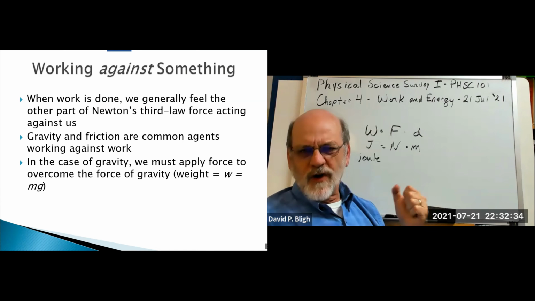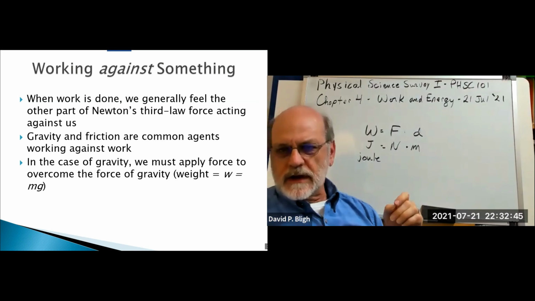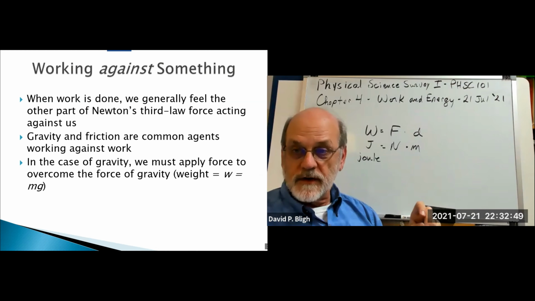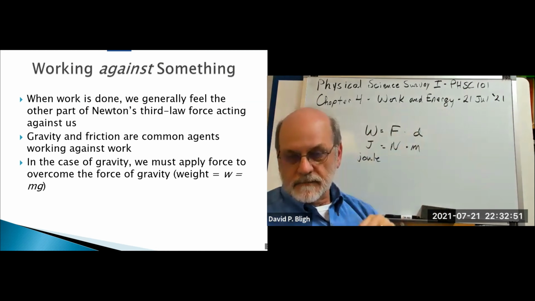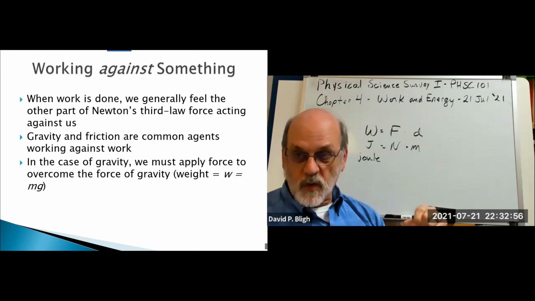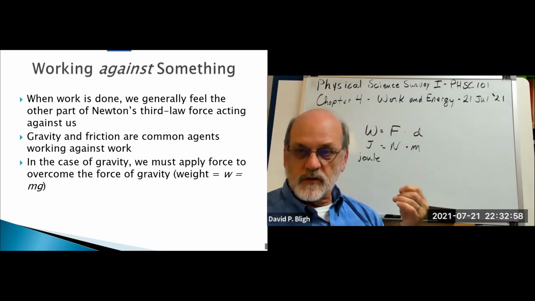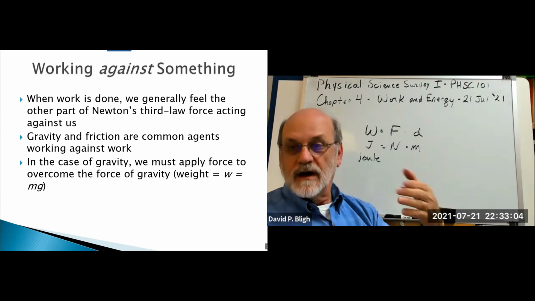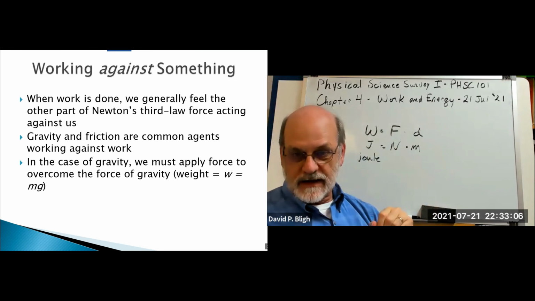Now, when we talk about gravity, very often what we're doing is resisting the force of gravity that's pulling us to the earth to lift an object. So in that case, we know how much force is required to lift an object because we can calculate the force needed to move a mass against gravity.